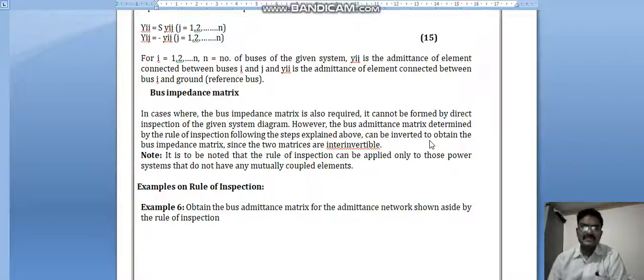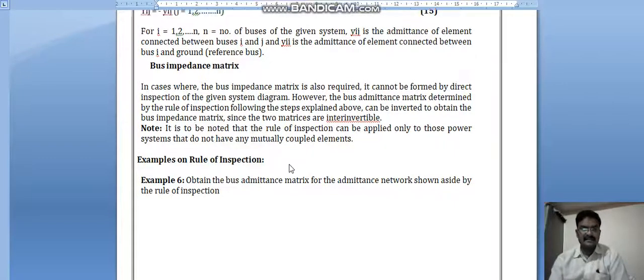Z is equal to 1 by Y, so we can take the admittance bus inverse to get Z and find the values. It is noted that the rule of inspection can be applied only to those power systems that do not have any mutually coupled elements. If mutually coupled elements are there, then the values will change.